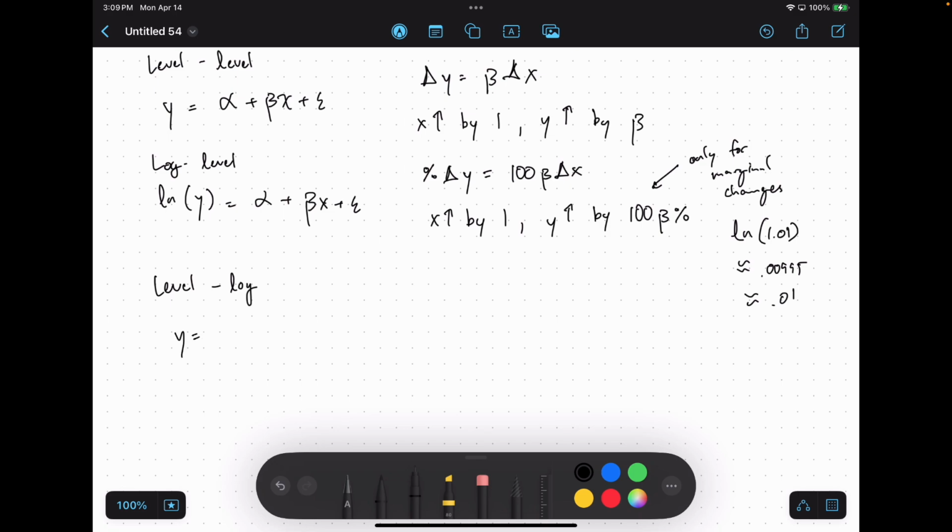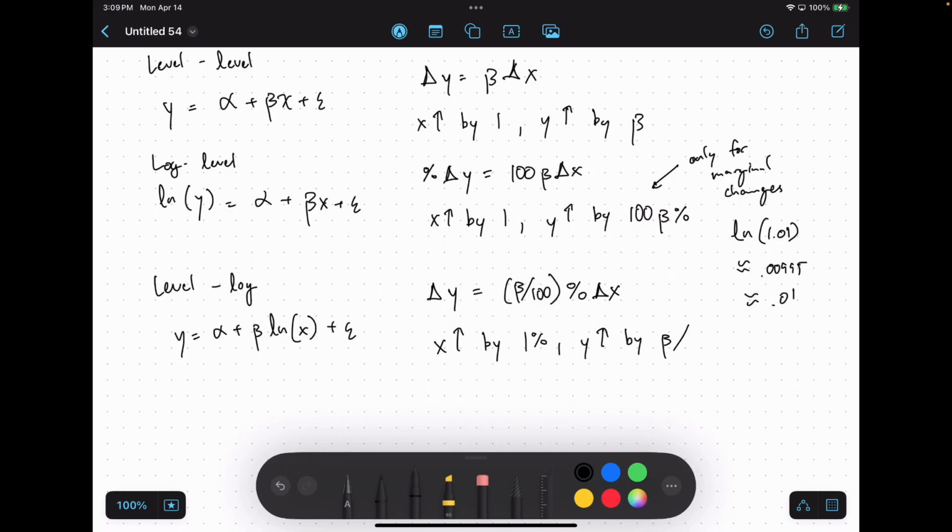So y is equal to alpha plus beta ln x plus epsilon. So now delta y is equal to beta over 100 times percent delta x. So if x goes up by 1%, y goes up by beta over 100.